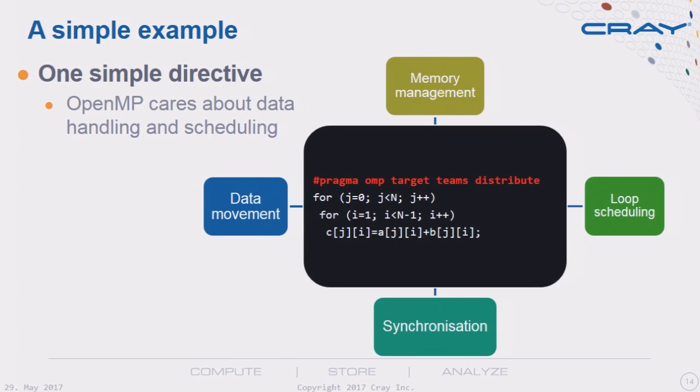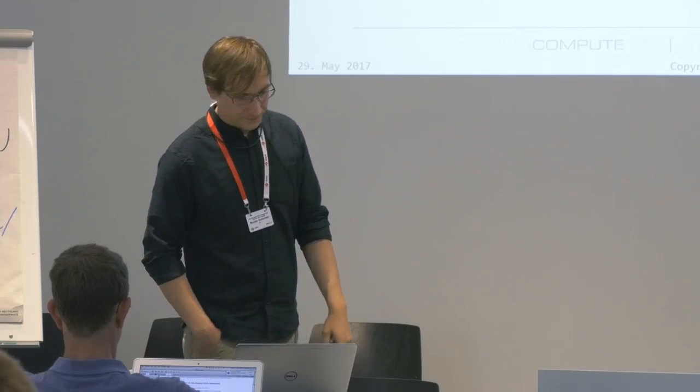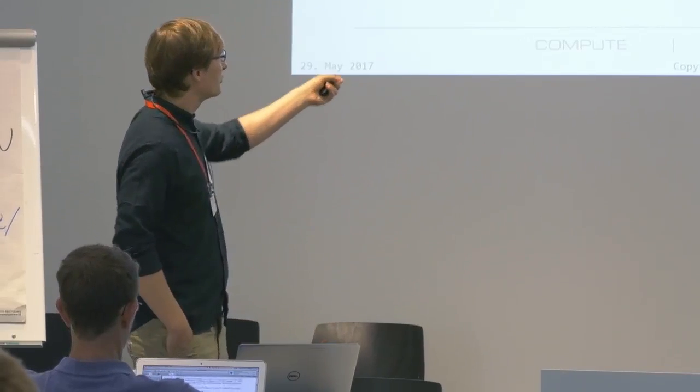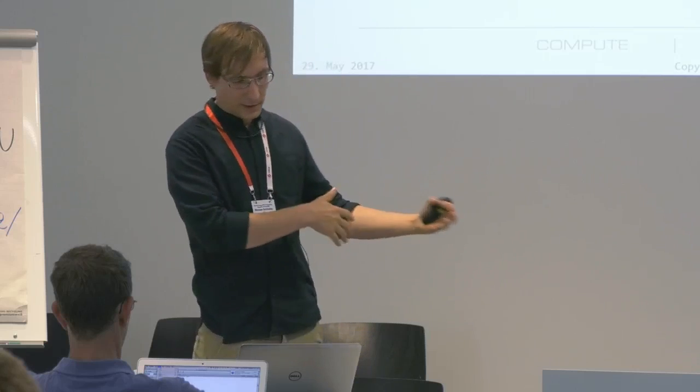It also takes care of the loop scheduling, so how the loops should be divided into thread blocks and threads within thread blocks and so on. And the compiler also takes care of synchronization, so that at the end of these loops, all the threads are synchronized and the memory is handled well. And data movement and memory management is to allocate it on the GPU, and data movement is to copy.